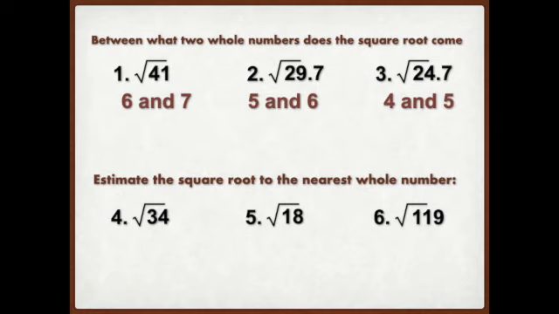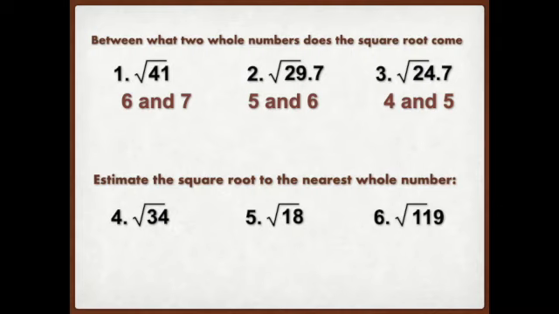Now let's estimate the square root to the nearest whole number. We know that the square root of 36 is 6. So we could maybe do that, or we can look at a smaller number. Is there a smaller number closer? It's going to be the square root of 25, which would be 5.